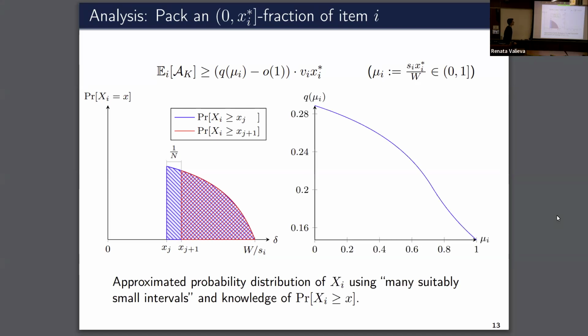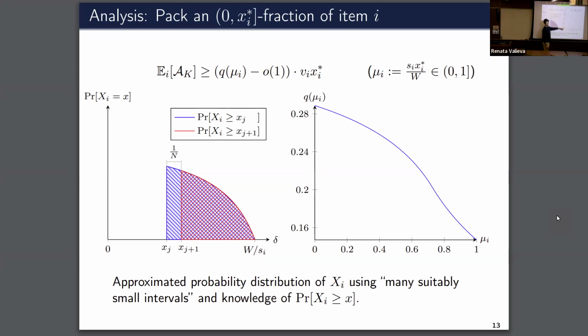this quantity evaluates to this q function of mu I, where mu I is the utilization of the knapsack in the offline solution. So item I in the offline solution has utilization Si xi star divided by W. As you see, if an item is as large as the knapsack, so 1, it's packed with probability 0.15.